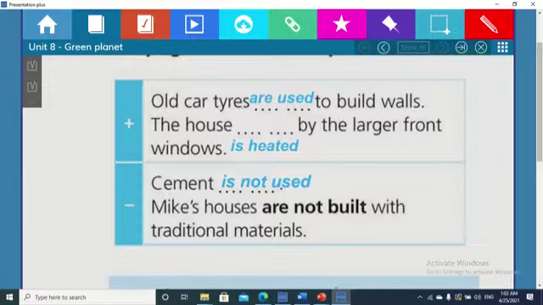Of course, why do we have the passive here? Because we start with the object. Whenever you start with the object, this is passive. Whenever you start with the subject, this is active. Cement is not used. We don't care about who uses it. We talk about the object. Cement is not used. Mike's houses are not built. Well, this one, the house is heated. Is heated. The house, it's singular.